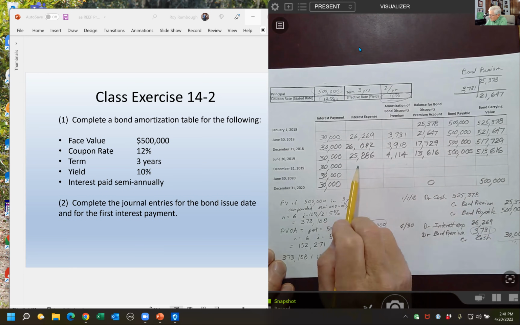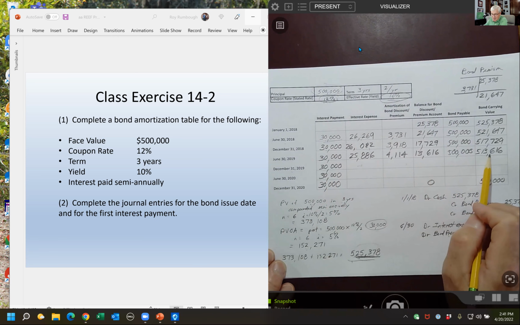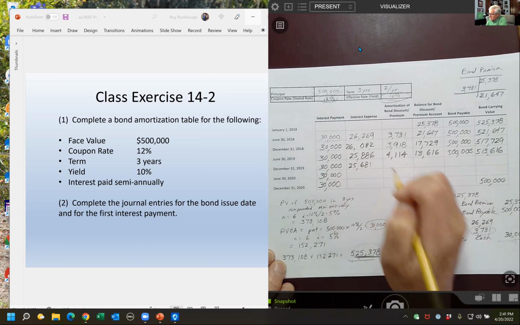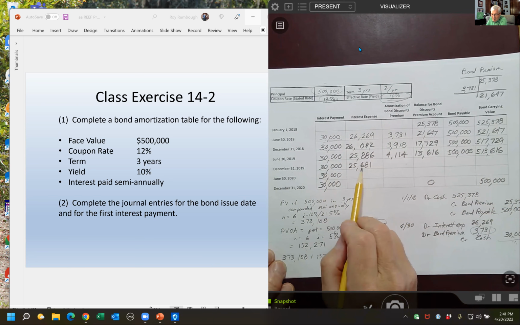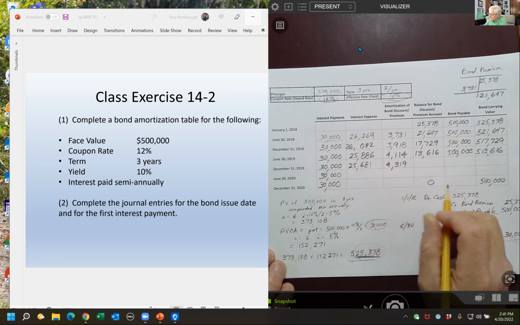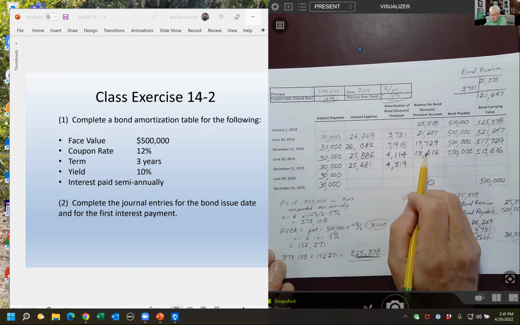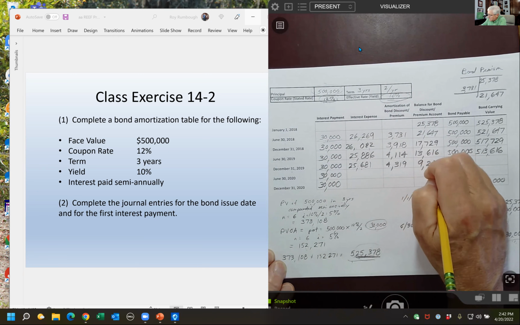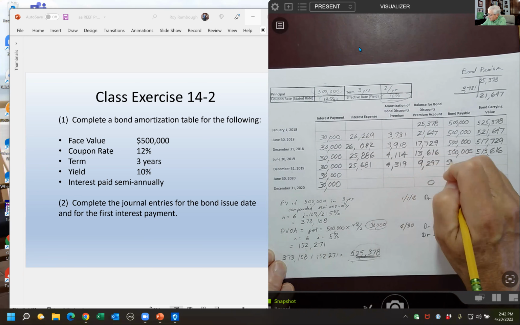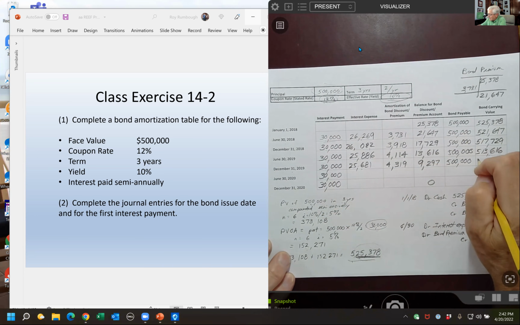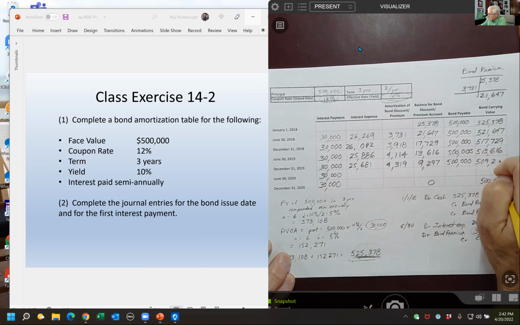So now, interest expense on 12/31/19, 5% times 513,616, 25,681. 30,000 minus 25,681 is 4,319. So that's a debit to this credit. 13,616 drops down to 9,297. Notice the bonds payable account never changes. And I'm at 509,297.